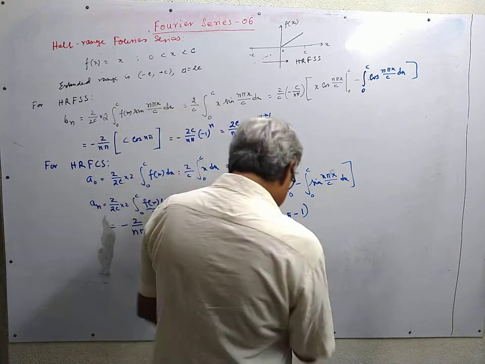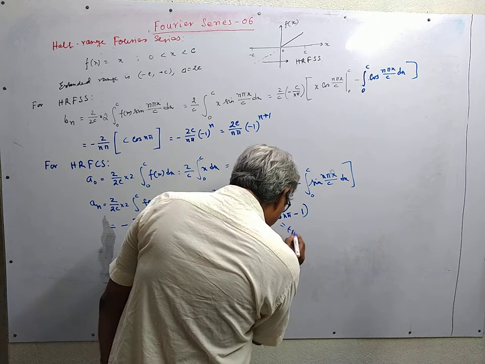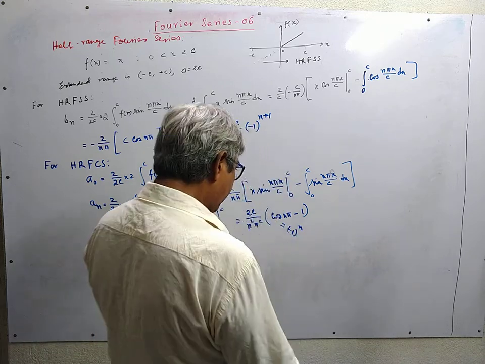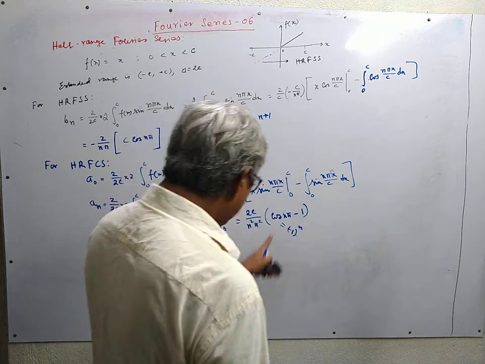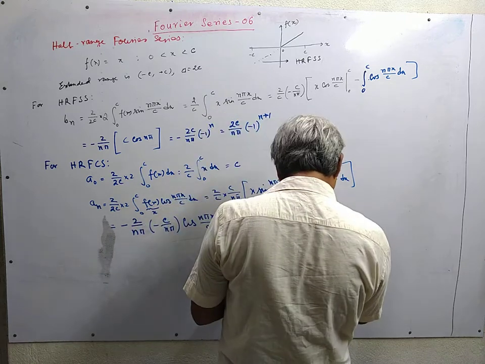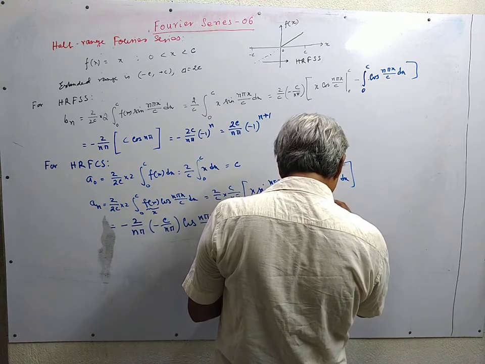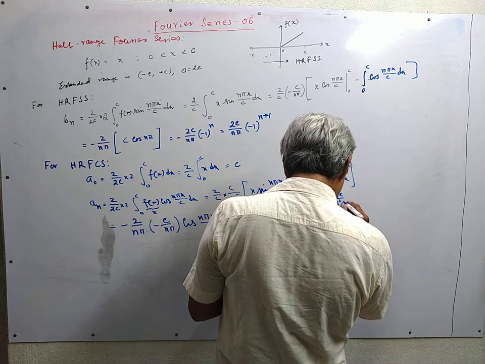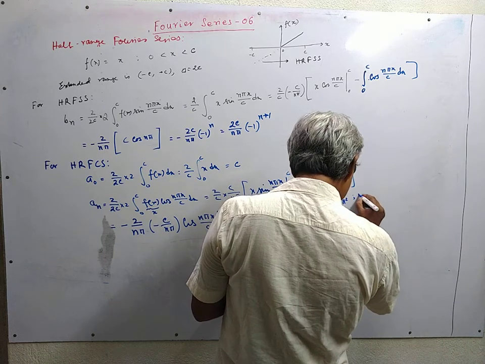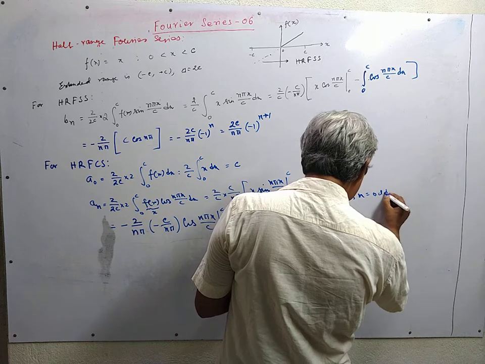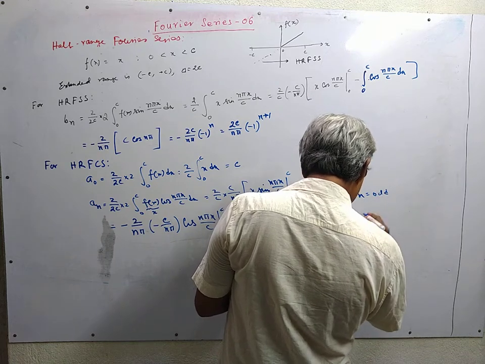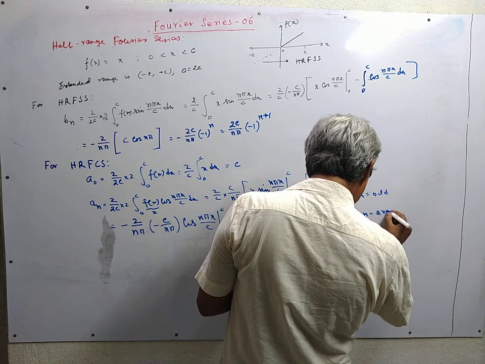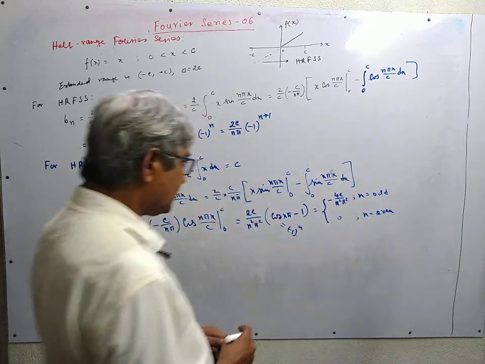For n even this is equal to minus 1 to the power n, and for odd. This is the outcome.